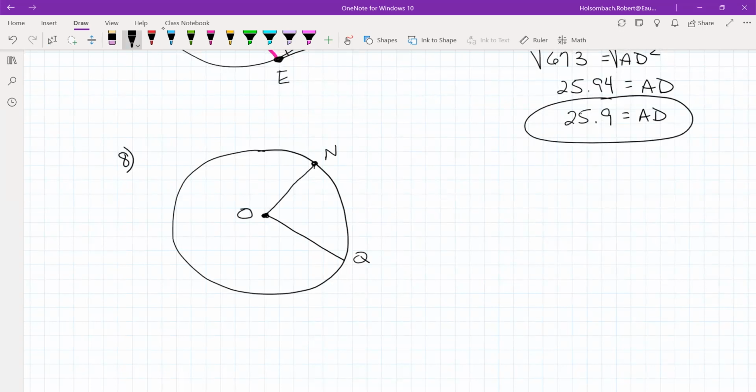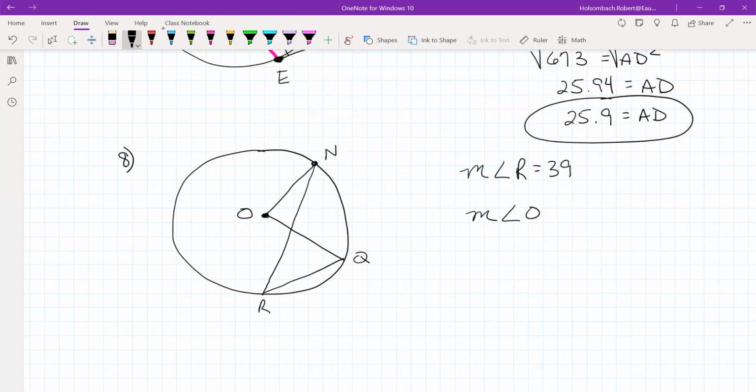Then from N, we're going down here to R. And from R, we're connecting to Q. The measure of R is 39. Find the measure of angle O.